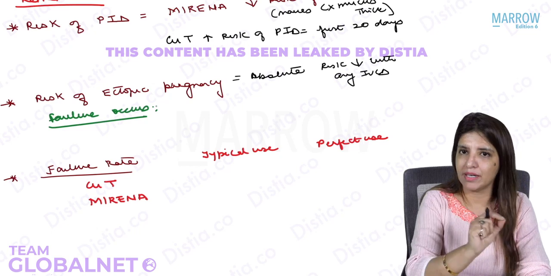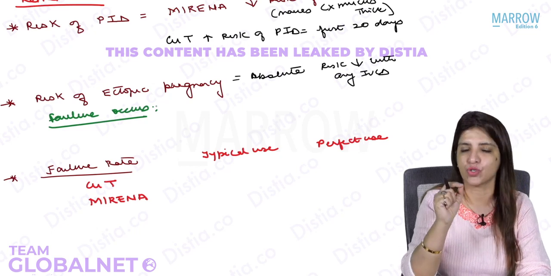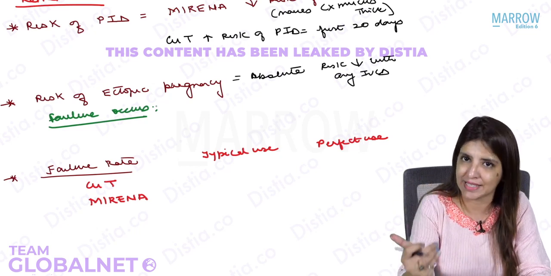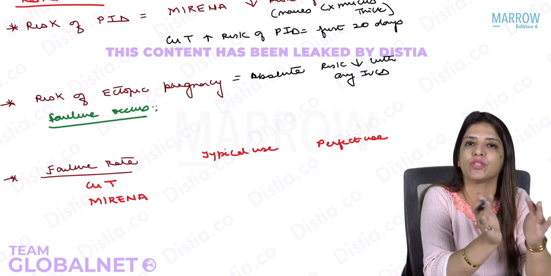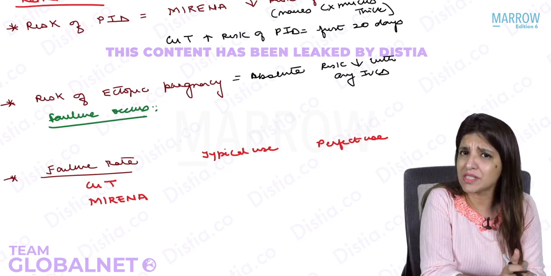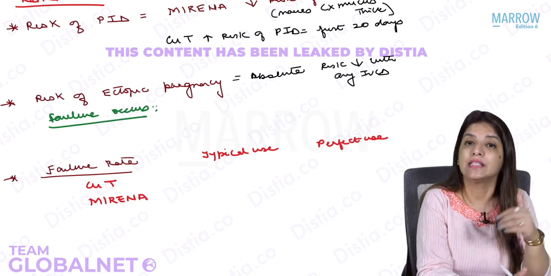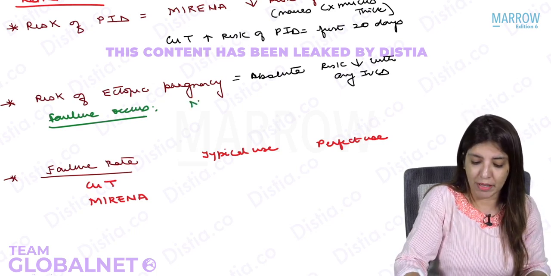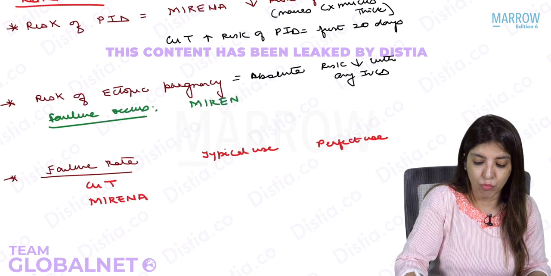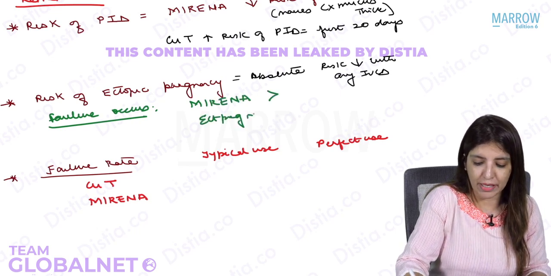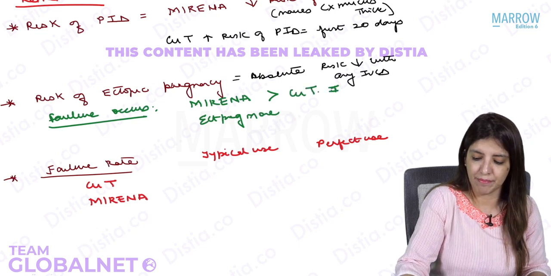And because Mirena is releasing progesterone, a smooth muscle relaxant, the peristalsis is going to decrease. And because peristalsis is going to decrease, if failure of Mirena happens, then the chances of ectopic pregnancy are more. So with Mirena, the chances of ectopic pregnancy are more in comparison to copper T.